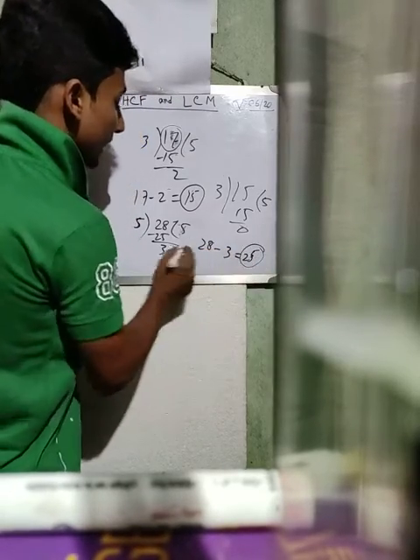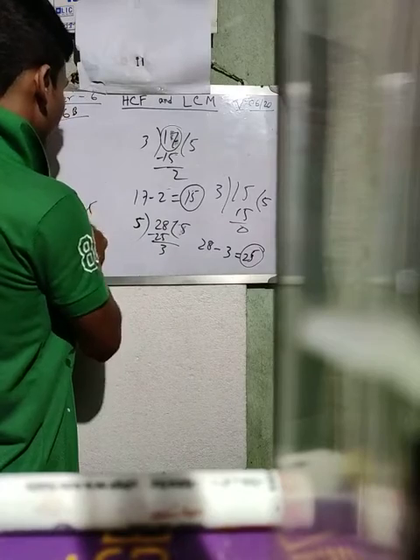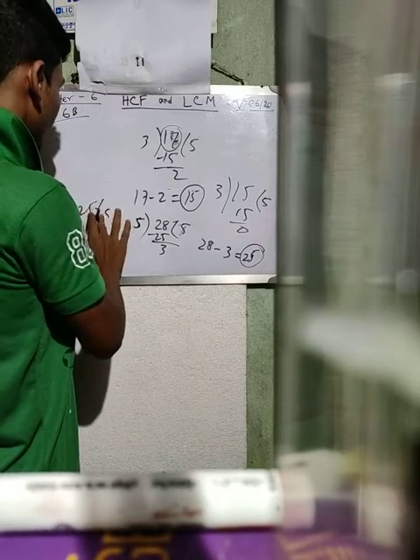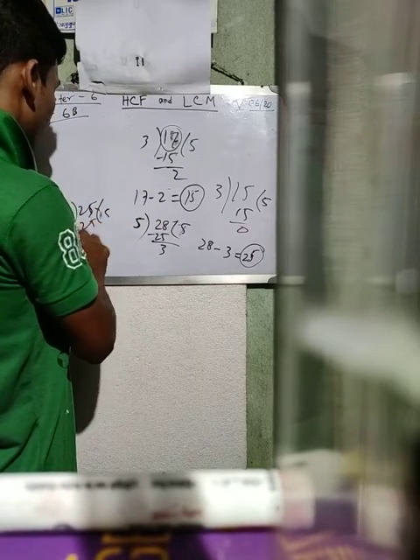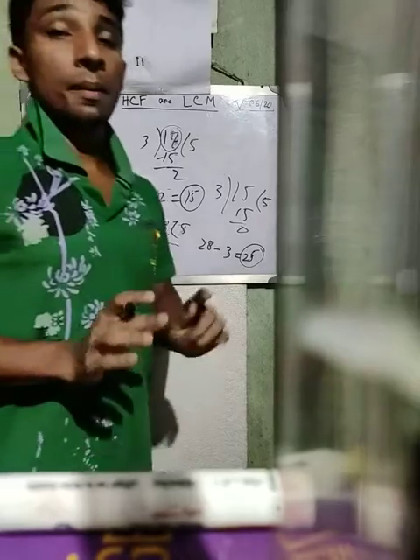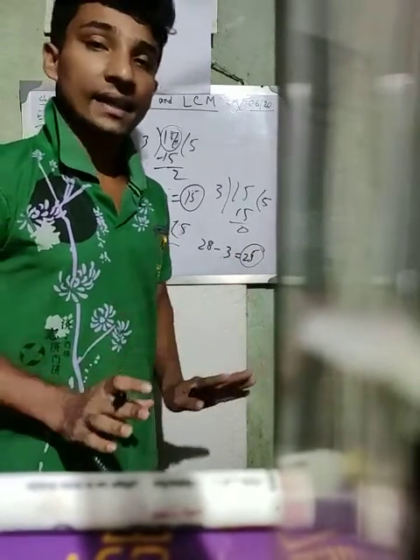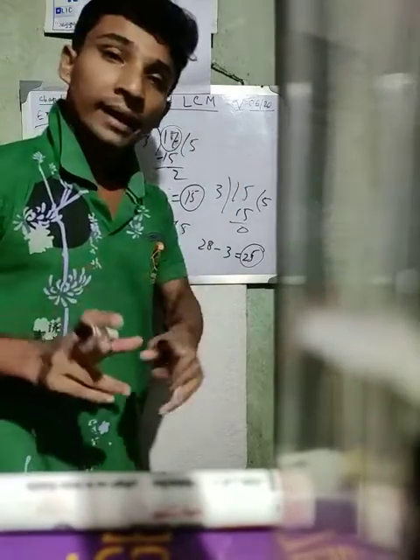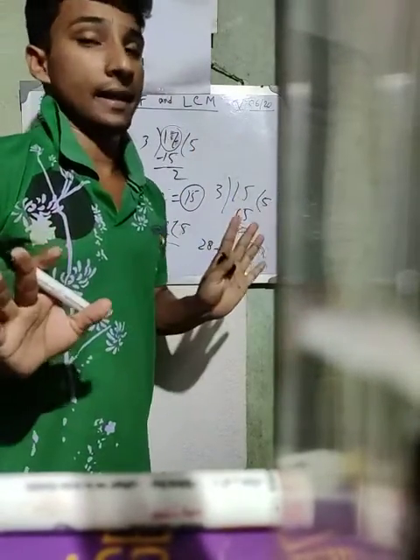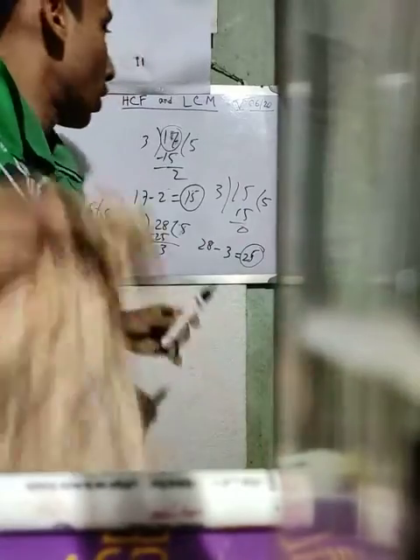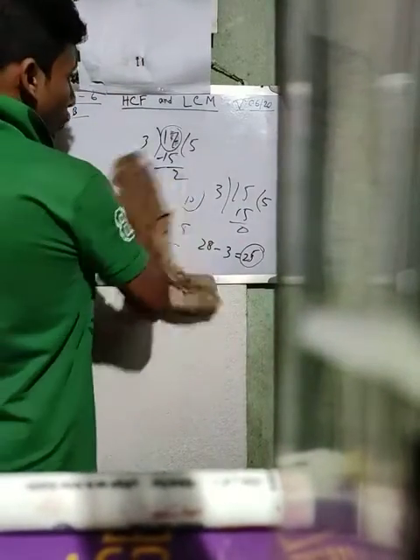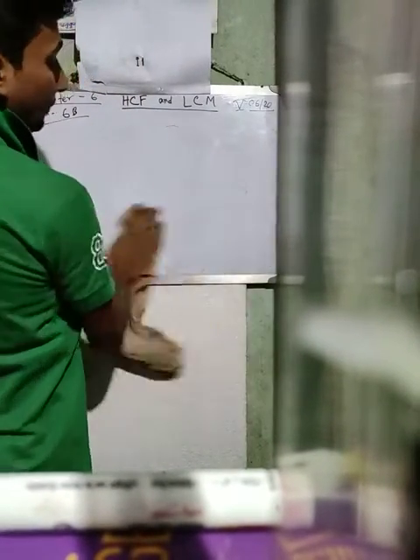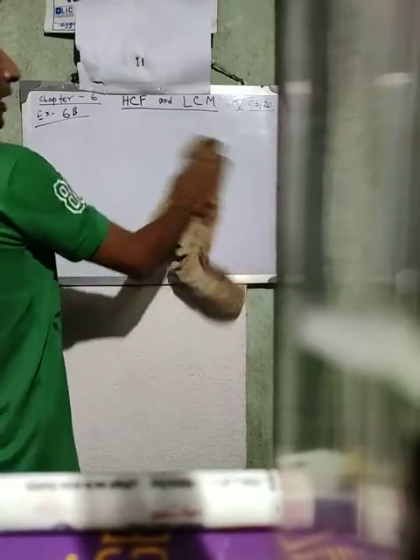Now 25 is exactly divisible by 5, because 25 is equal to 5 into 5. So remember, a number is exactly divisible by a divisor when we subtract the remainder from the dividend. Clear?